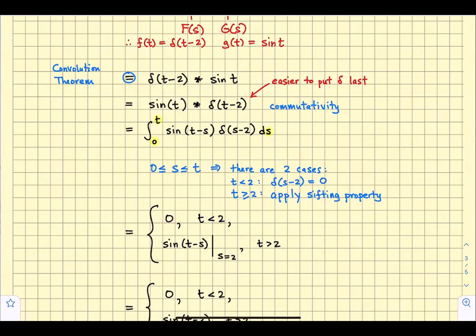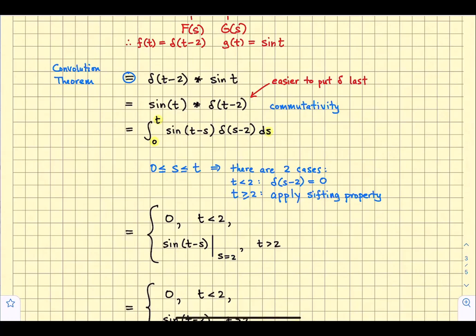On the other hand, if t is greater than or equal to 2, then that means s is going to travel across where the spike occurs. It's going to integrate across the spike. And when you integrate across the spike, the sifting property tells you how the story ends. It says if you multiply against a delta and you integrate across the spike, you just get the function evaluated at the place where the spike occurred. And here the spike, this is with respect to the s variable, not the t variable.